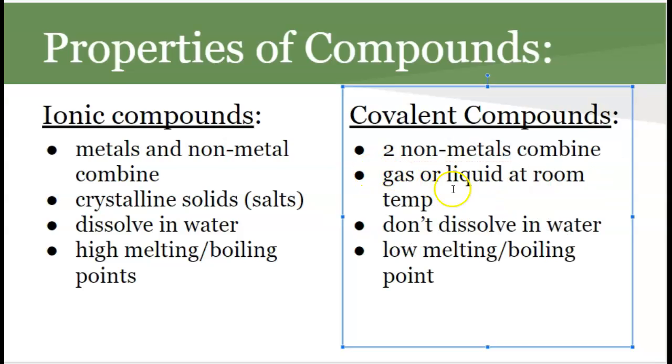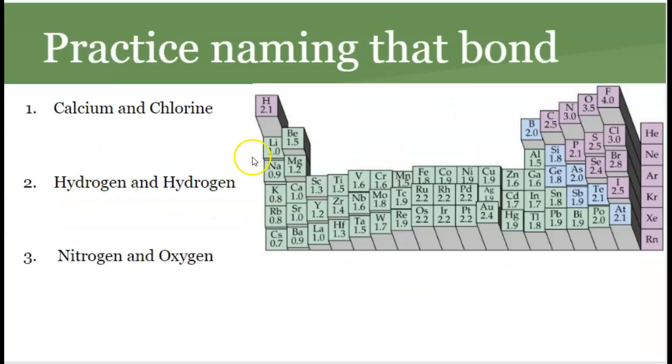And that roughly translates to two things from the right side of the periodic table, on the right side of that imaginary ladder that we have. They don't dissolve in water, and because the bonds are a little less strong, they have a lower melting point. It takes less energy to cause them to melt and also to boil. So let's just go through a couple of practice problems to get you reacquainted with how we categorize these.